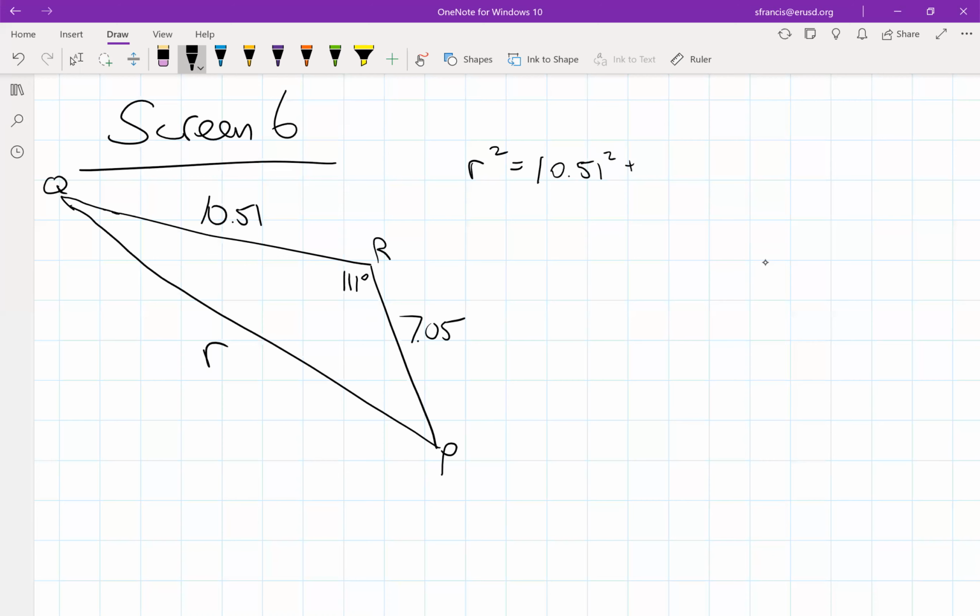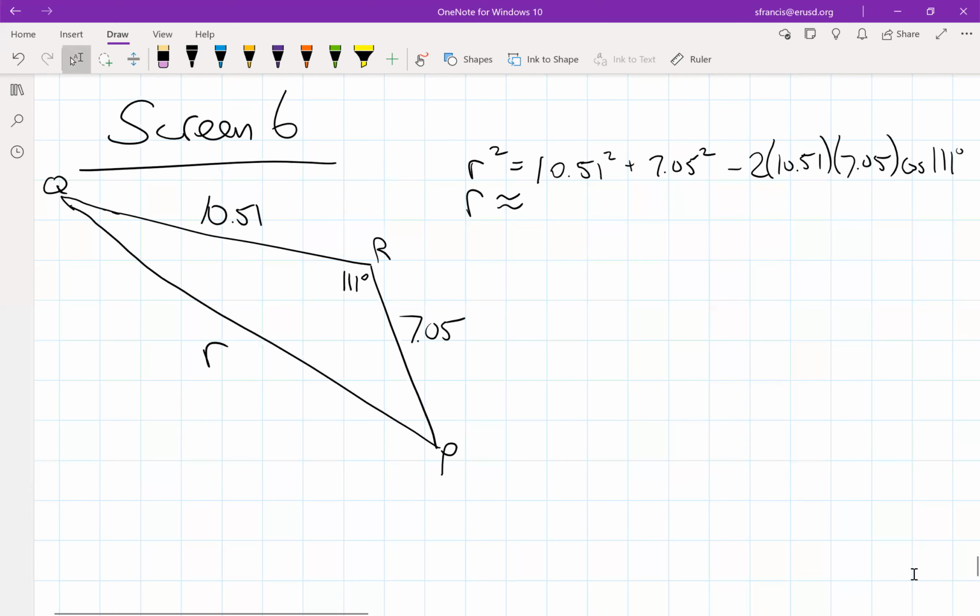Plus 7.05 squared minus 2 times 10.51 times 7.05 times the cosine of the angle between those two sides, which is 111 degrees. And then when you work this out, I'm not going to write the square root step. You know it's there, but this works out to be, what was it? 14.604 with rounding.